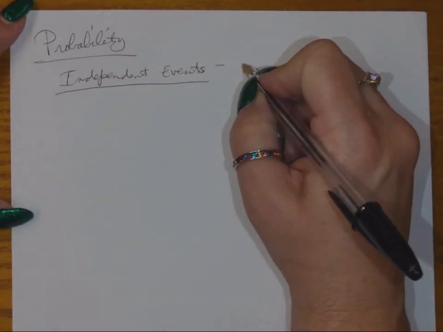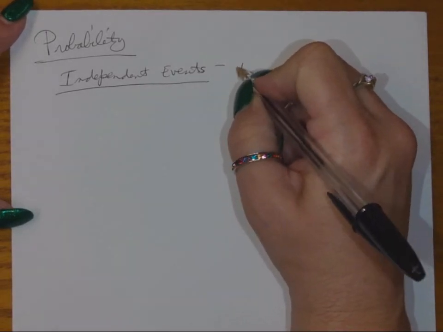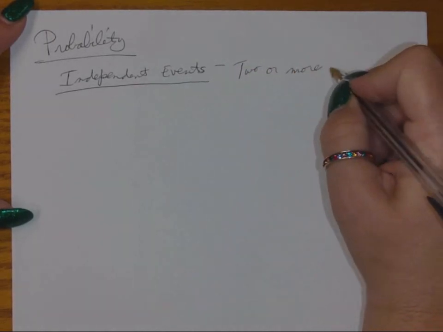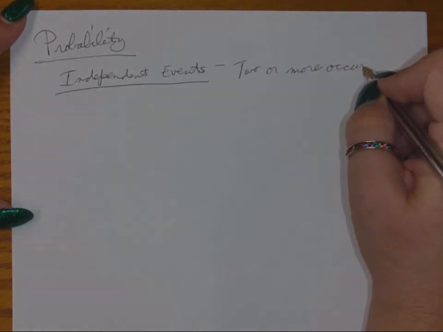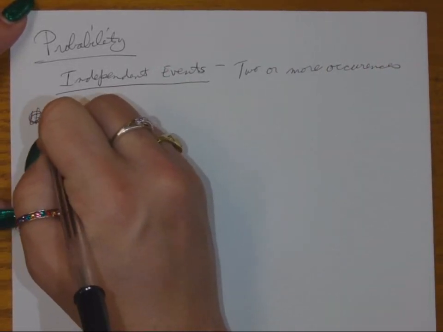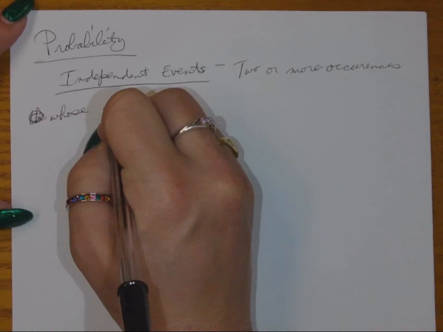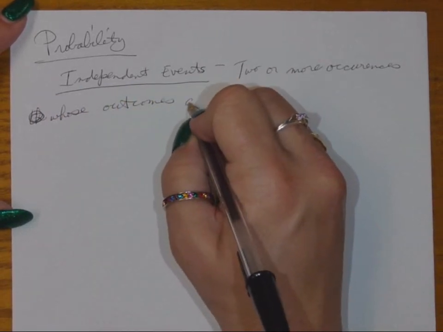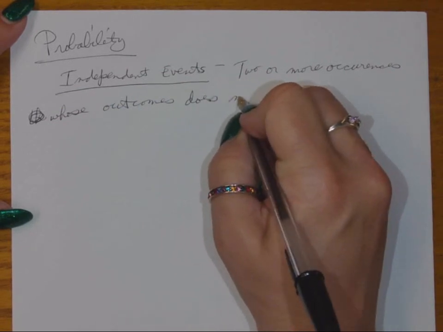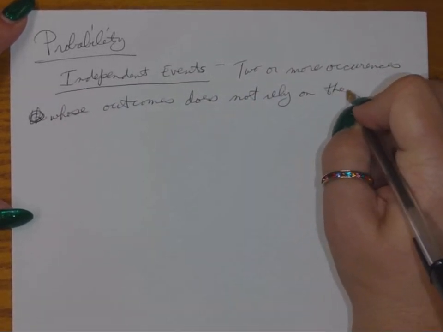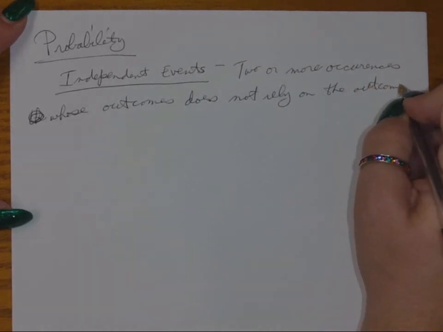So these are 2 or more occurrences whose outcome does not rely on the outcome of the other.